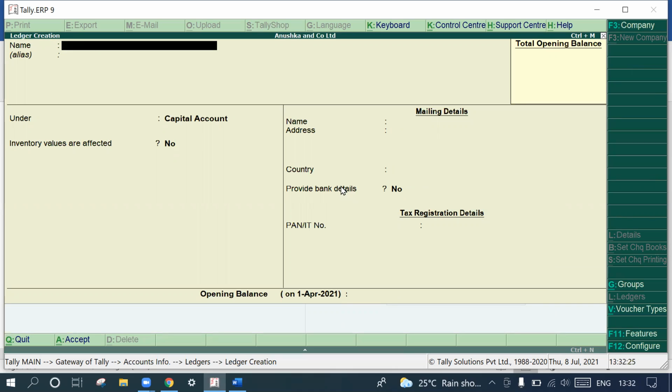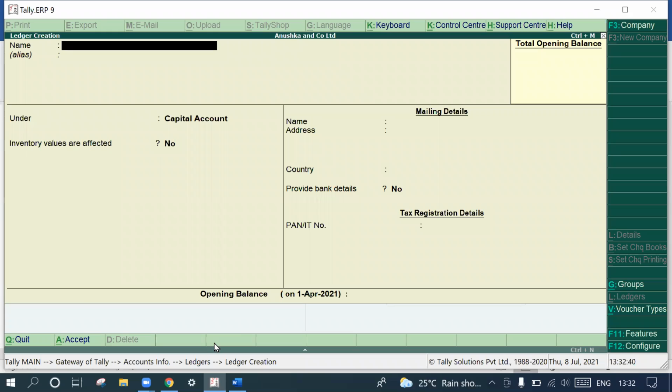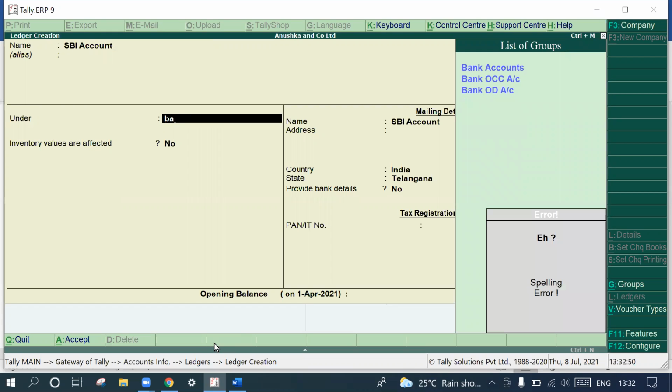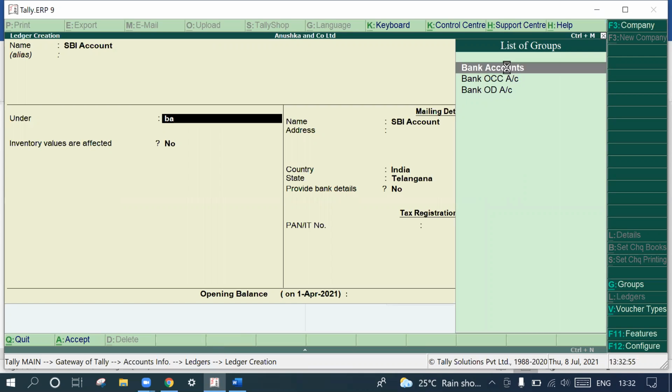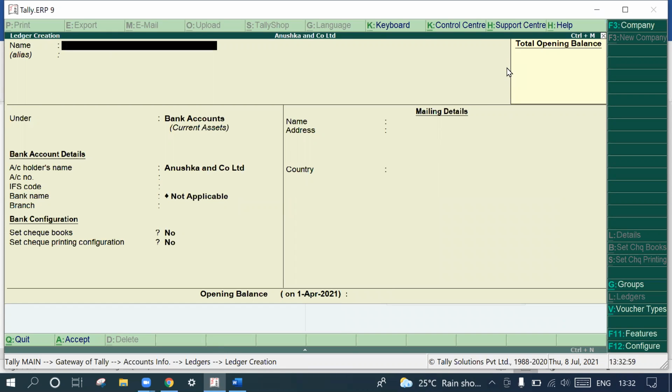The next one is the SBI account under bank account. Over.